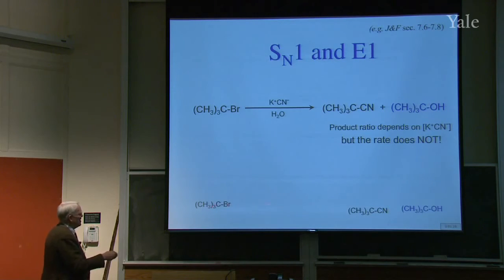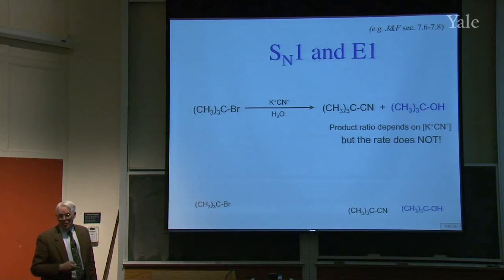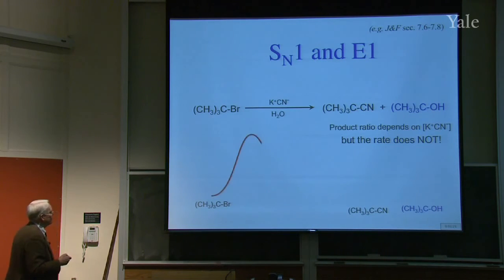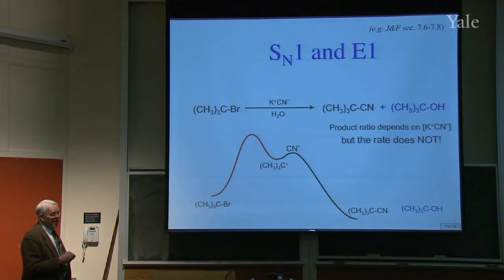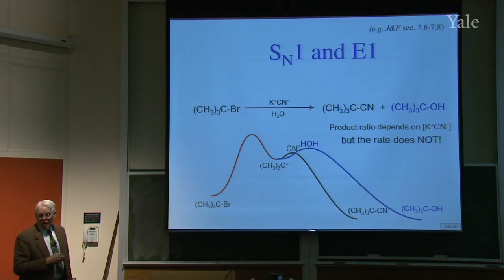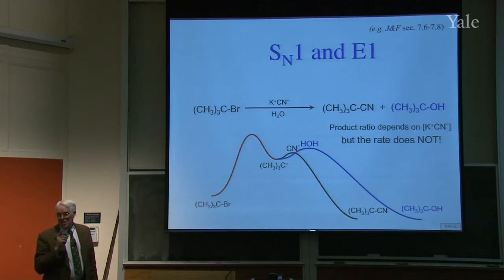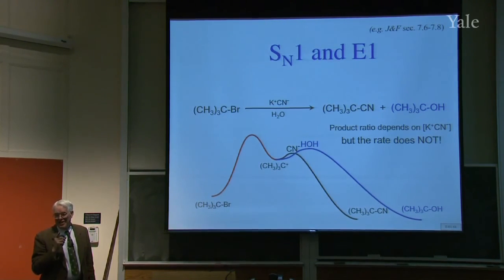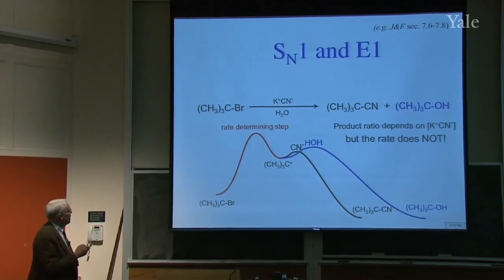So we have this starting material and these two products. So we're going to draw a reaction coordinate diagram to get from the starting material to the products. Okay, here we form, as in SN1, an intermediate cation, right? And then it goes on, if there's cyanide around, to give that product, or with water to give that product. Well, what determines the rate of the process? What's the rate determining step? The red one, right?